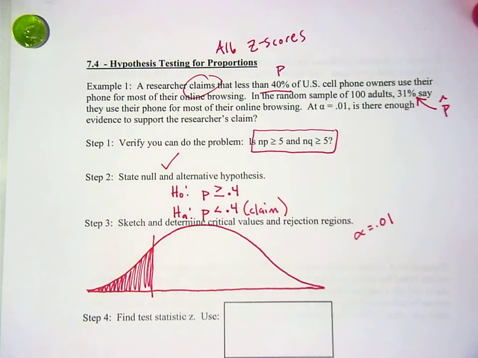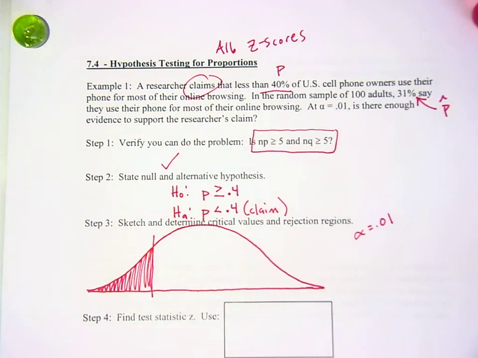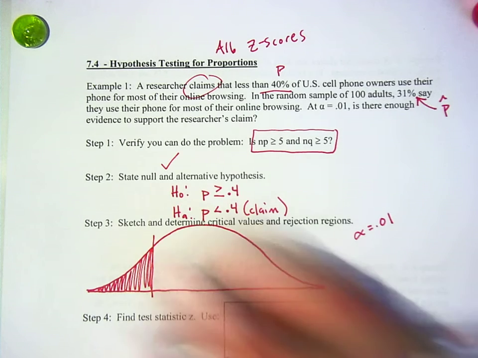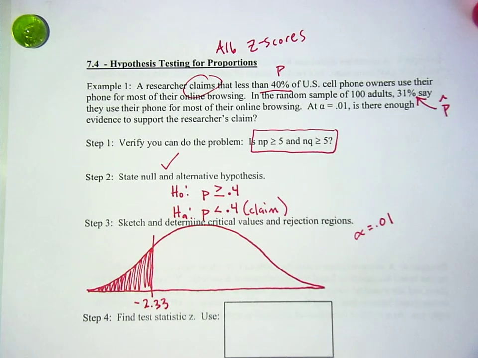So you're going to need out the z-table. Okay, so you're looking at 0.01 in the middle of the table, which is negative 2.33. That's my rejection region. That's my edge that I'm accepting.